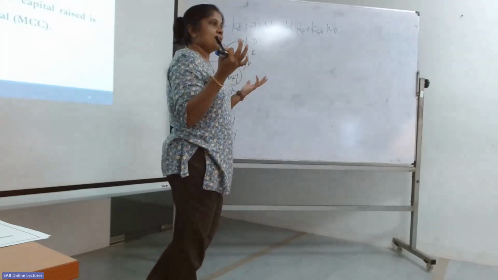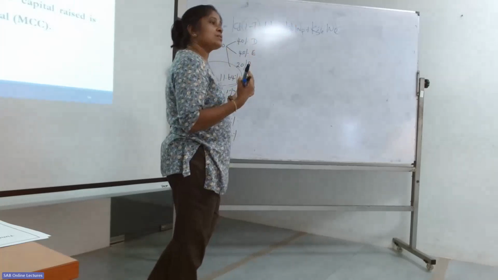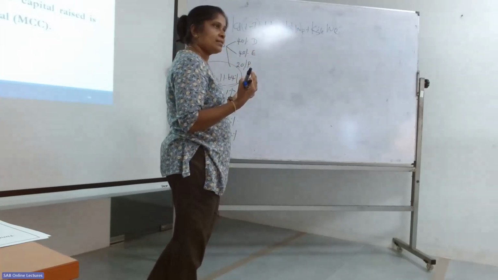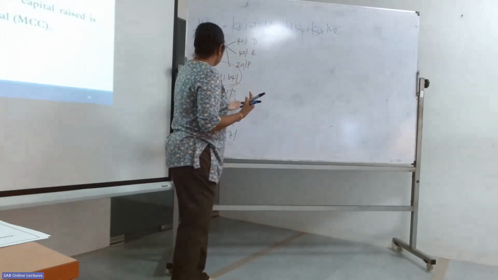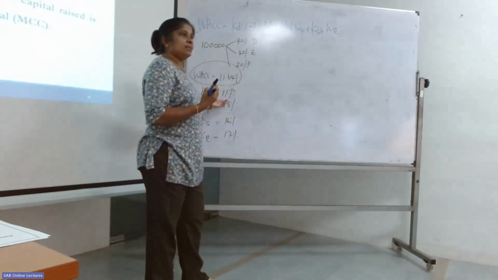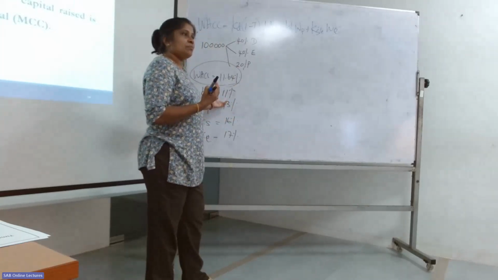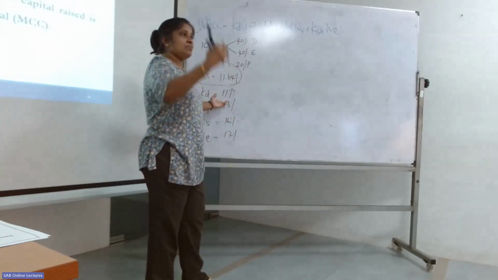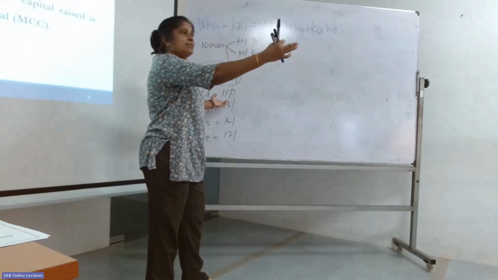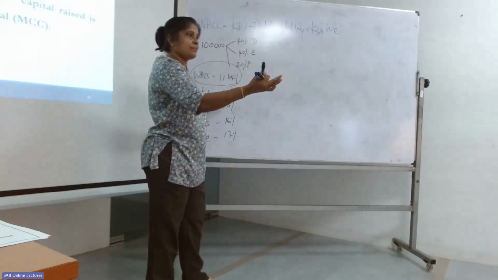For that 50,000 there is a cost, so the cost of debt might differ. The bank will say, if you are raising more than this, your interest rate is 12%.